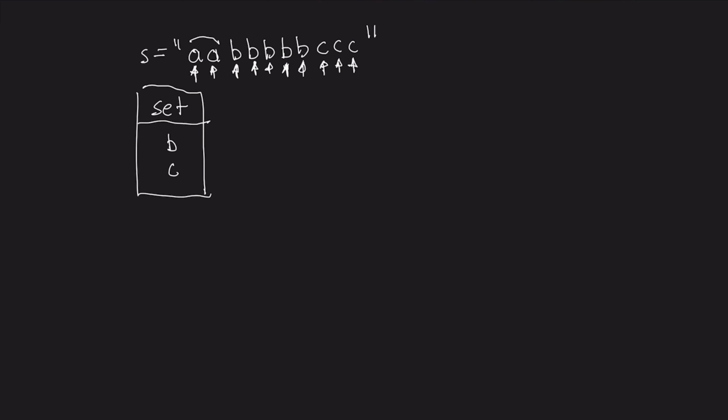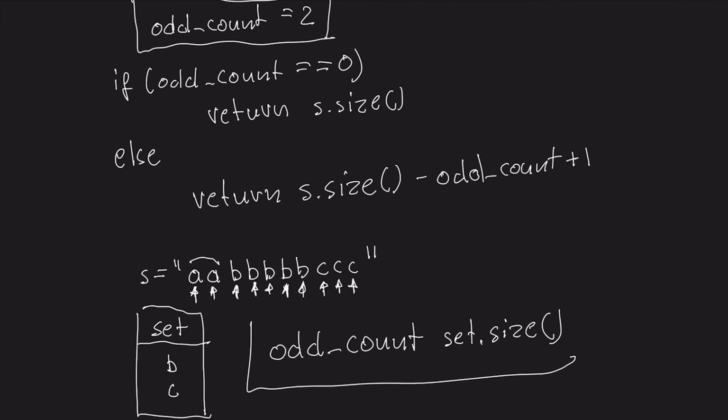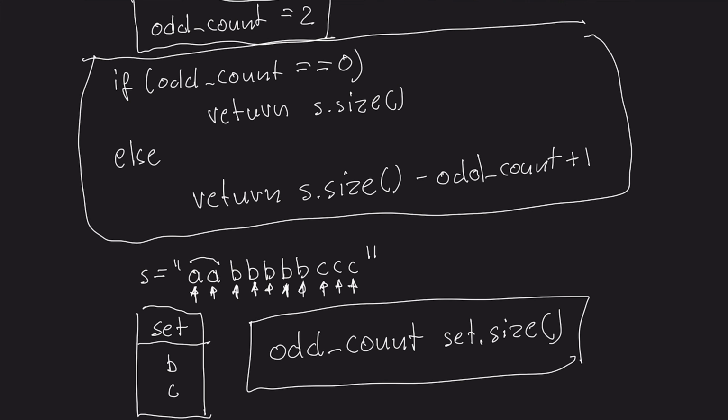And now we can go to our previous solution and say that odd count equals our set size. And we just computed the number of letters that appear in our string an odd number of times. And then we will write the logic for this part and just return the value. And that's the entire solution.